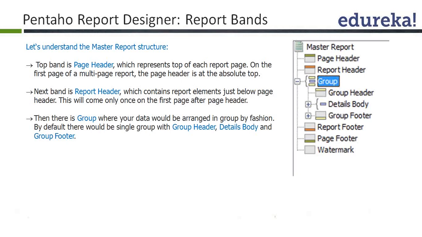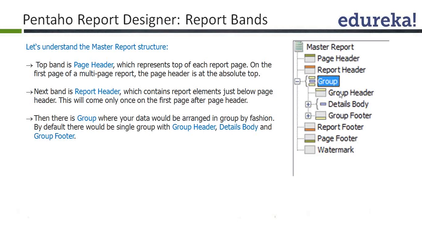For example, you want to generate the report based on region. You will devise a query in such a way that it will give you data of all the regions, but in group you will select region, and then for each region it will start, you can configure, on a new page and it will pull the data for that region and embed it on those reporting pages.